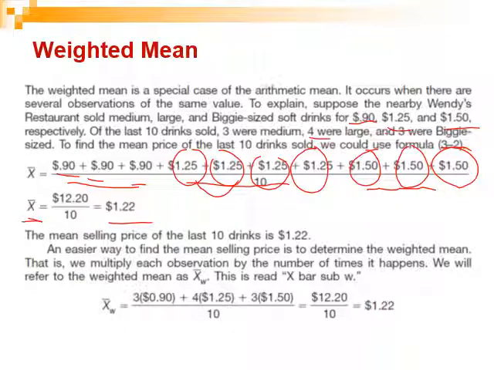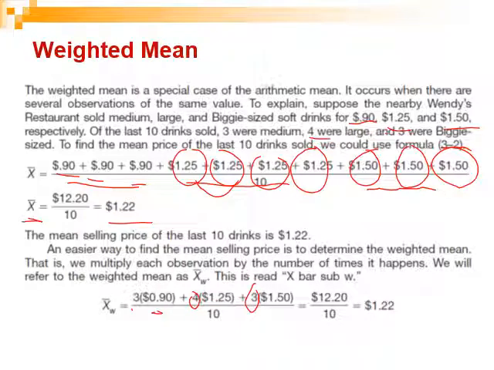equal to 1.22. But it's easier to find the mean selling price by determining the weighted mean, that is, multiplying each observation by the number of times it happens. The 0.9 happens 3 times, so we multiply 3 by 0.9, the 1.25 happened 4 times, so we multiply 4 by 1.25, and 1.5 happened 3 times, so we multiply 3 by 1.5.